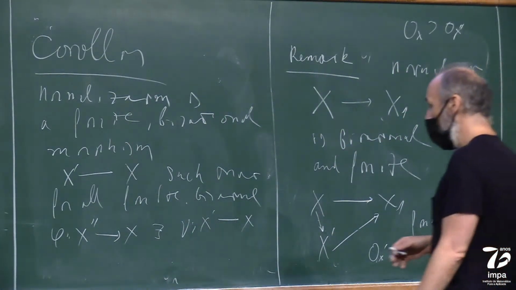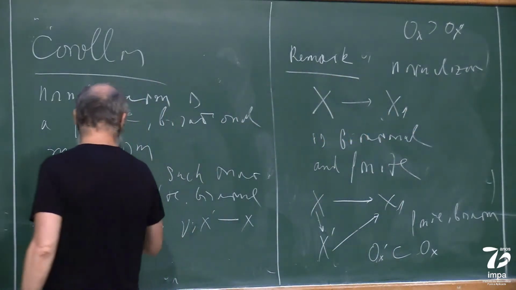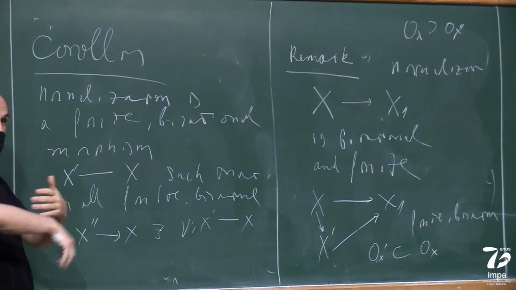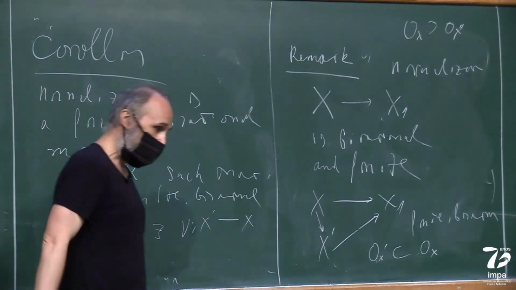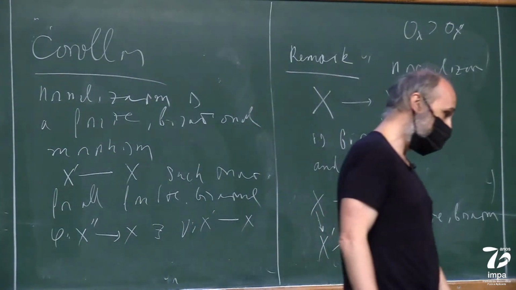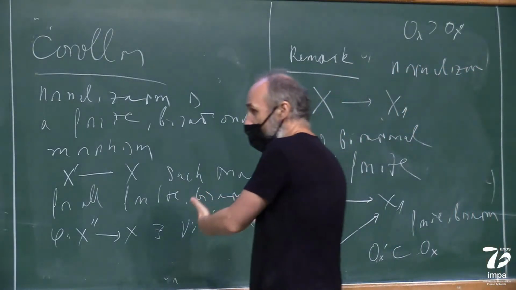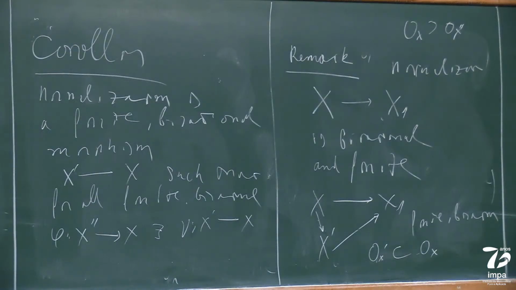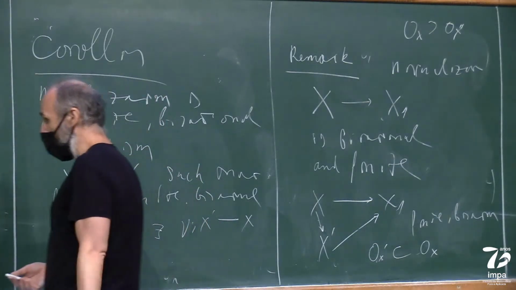So you have an irreducible component in x prime which goes to an irreducible component in x, they are bijective, and on each irreducible component it induces an isomorphism of the fraction fields. Then this makes sense, and in fact, this would give you normalization for varieties which are not irreducible.